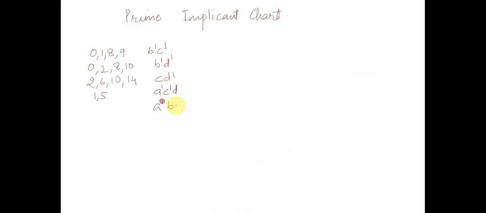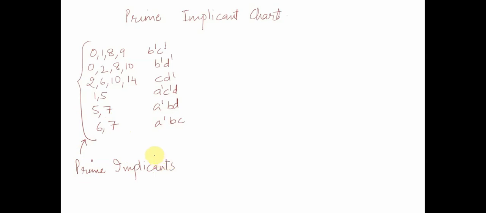Then a bar b d, which was 5 and 7. And at the end 6 and 7, a bar b c. So all these were prime implicants, and we were able to find all of them using the Quine-McCluskey method.